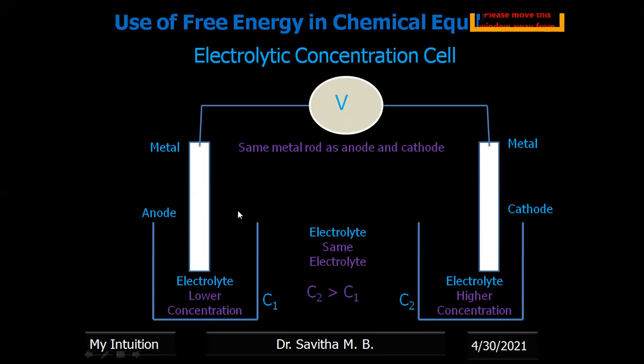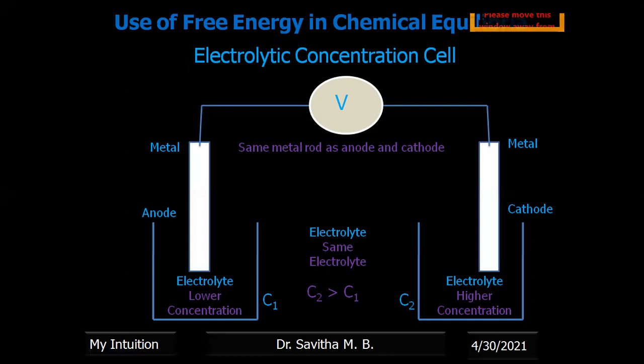As you know, electrons flow from the anode to the cathode, and out of the two concentrations, the one that is higher will be the cathode compartment. So this is a concentration cell. By definition, a concentration cell is a cell where the same metal is taken as anode and as cathode, and the same electrolyte is taken, but their concentrations in the two compartments are different.